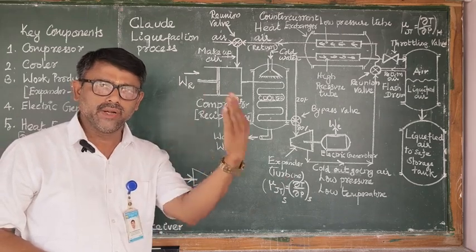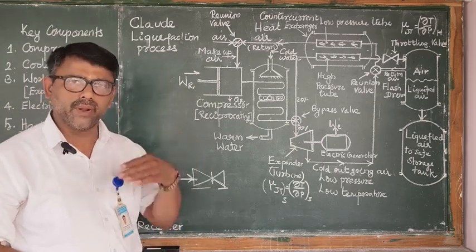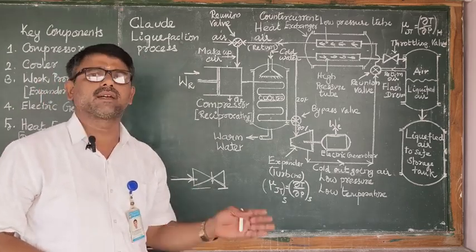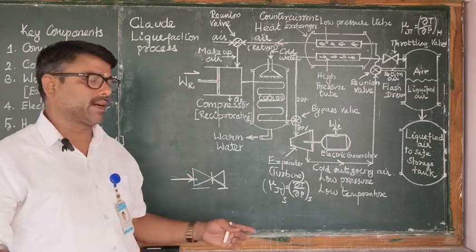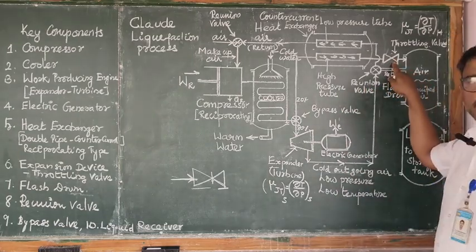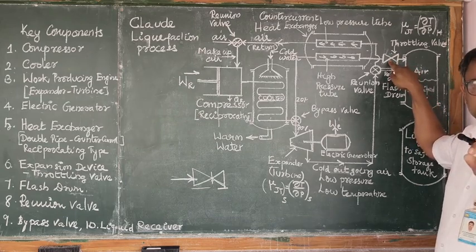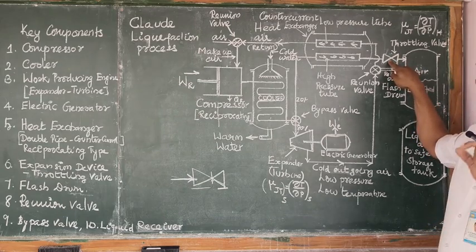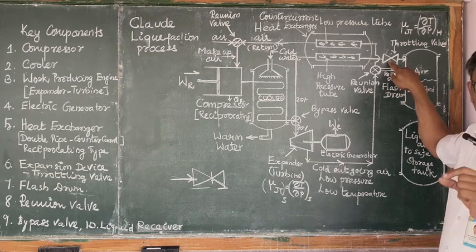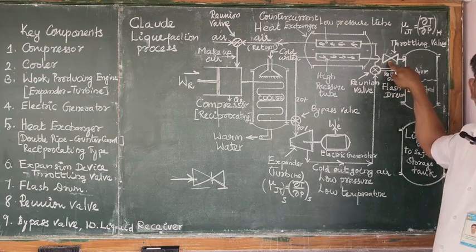A major portion of the compressed air is converted into liquefied air. Clear? This is the expansion valve or throttling valve. Once the compressed air enters the expansion valve, it suddenly expands. Due to sudden expansion, the temperature of air drastically decreases below its critical temperature, and the air is liquefied.